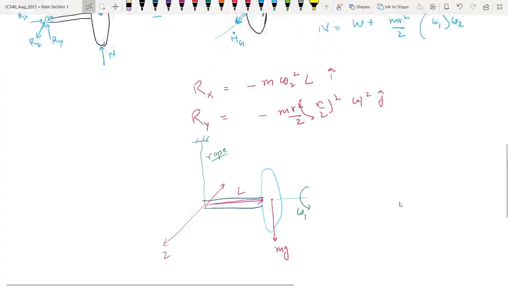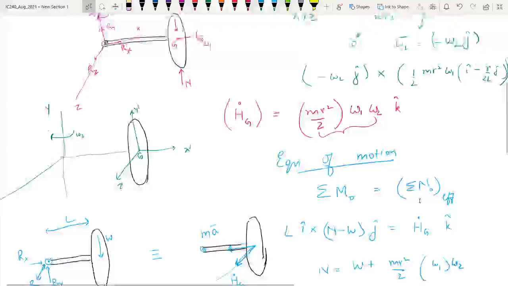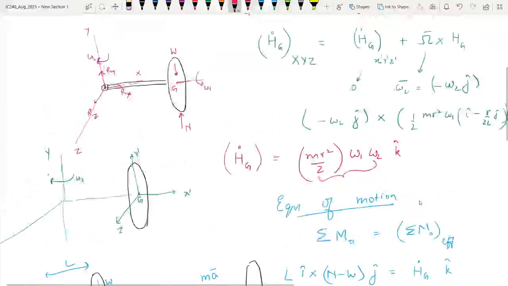So this body will start to spin about this axis with an angular velocity of omega 2, and this is related by this expression.